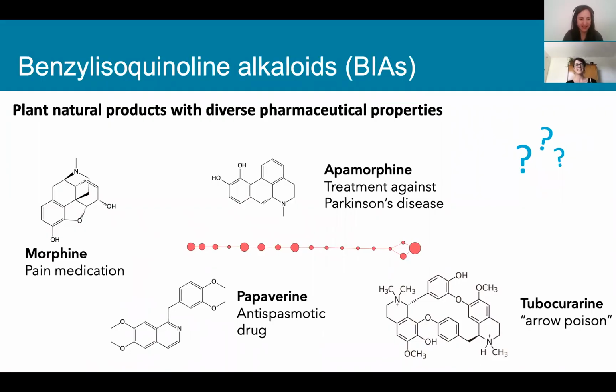Perfect. Exactly. So this class of benzyl isoquinoline alkaloids, or BIAs, is very, very interesting because these plant natural products have very diverse pharmaceutical properties. For example, there is morphine, which is used as a pain medication, or papaverine, which is used as an antispasmodic drug, apomorphine, used as a treatment against Parkinson's disease, or even tubocurarine, which doesn't have any medical applications, but it's also known as arrow poison.